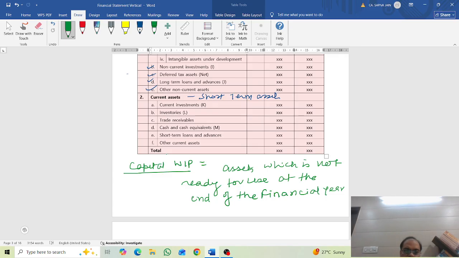Suppose you purchase a machinery for rupees 50 crore and you construct the platform to install the machinery and spend, just as an example, 50 lakh rupees. Then how much have you spent in total? This is 50 crore 50 lakh.